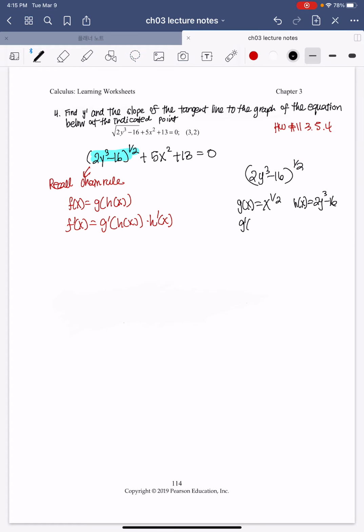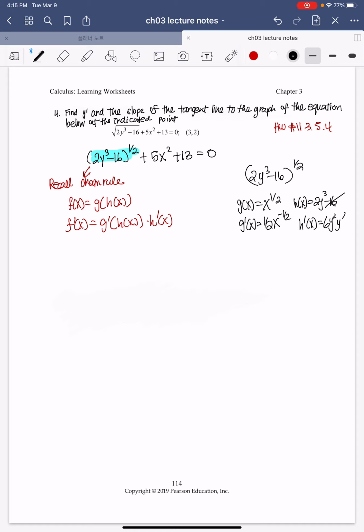So g prime of x will be 1/2 x raised to negative half. H prime of x: if you take the derivative of this one over here, I'm going to have 6y squared y prime, and the 16 disappears. Notice that I attach y prime because I'm doing implicit differentiation.